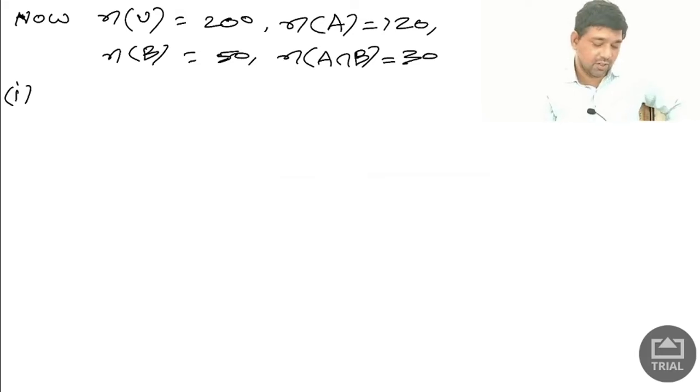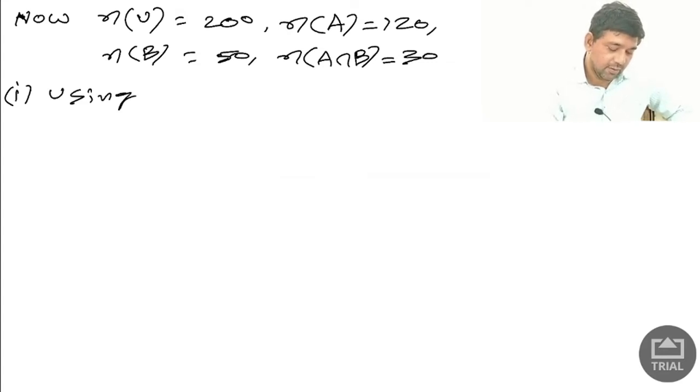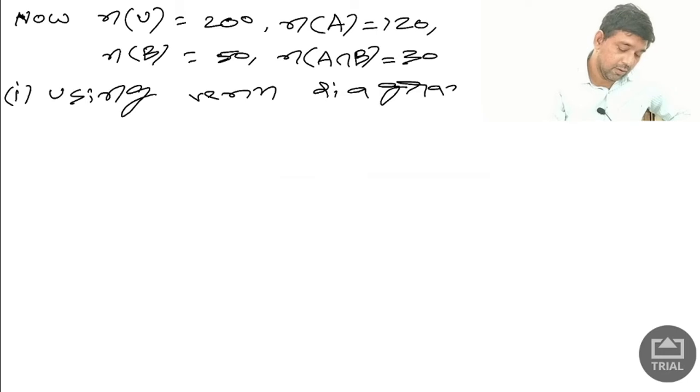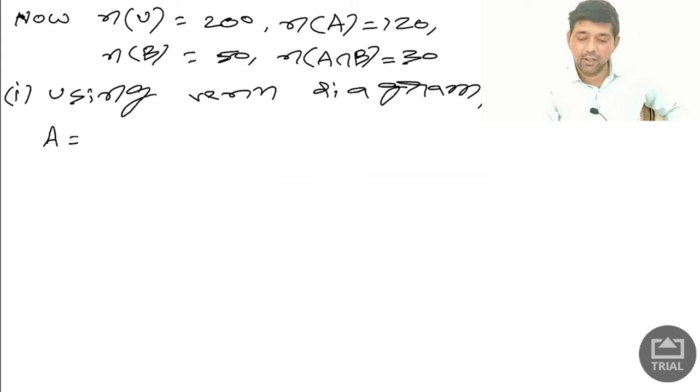Okay, now to find the first one, N of A minus B, using Venn diagram. What happens here? From the Venn diagram you can write, see this set A. What is set A?